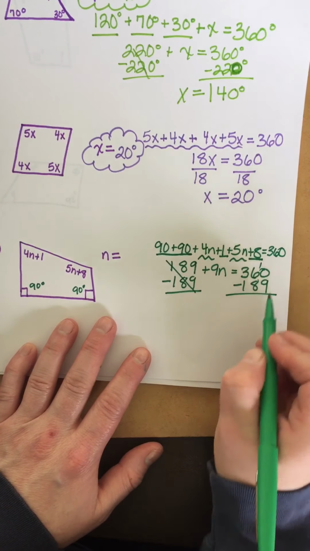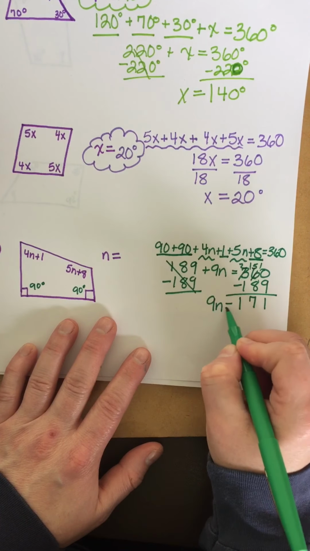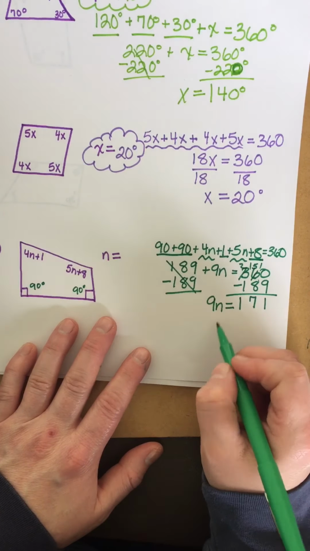So 10 minus 9 is 1. 15 minus 8 is 7. 2 minus 1 is 1. All right, to get this n by itself, I'm going to divide by 9. And we get n equals 19. 19 degrees.